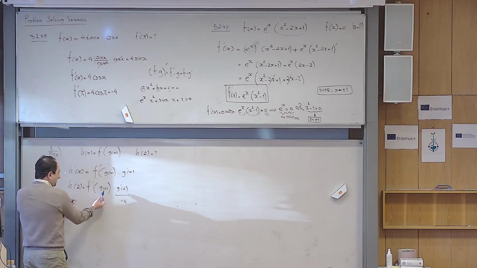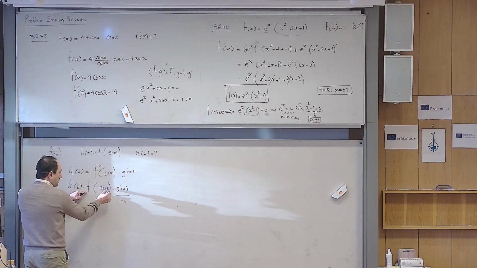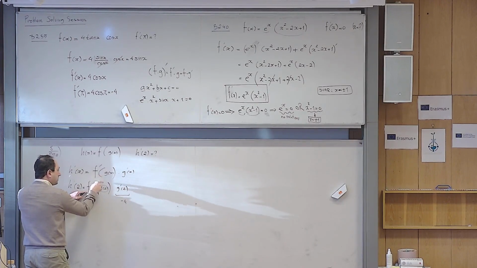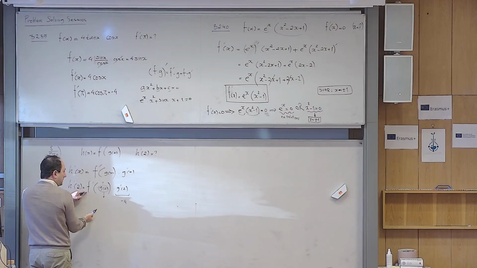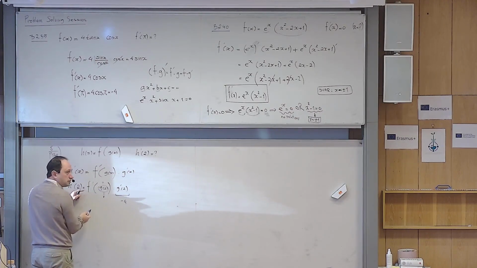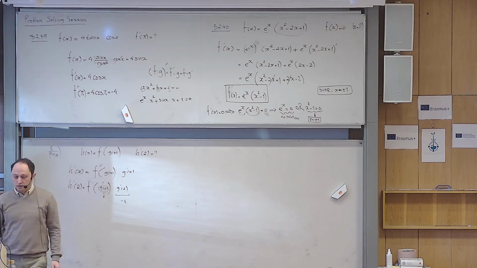But here, this is a two-step task. First, I need to know what g of 2 is, and then when I found that number, I have to calculate f prime of that number. So let us just do it. So what is this number? Which diagram do I need? The diagram for g, because I want to calculate g of 2. So which one is g?